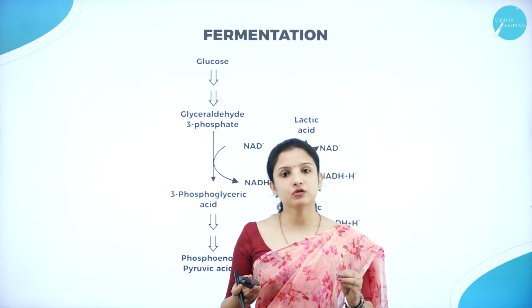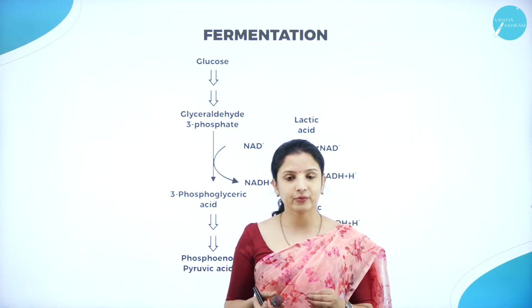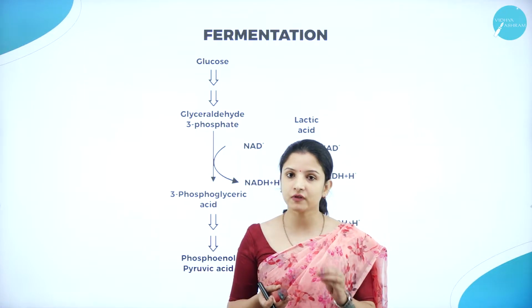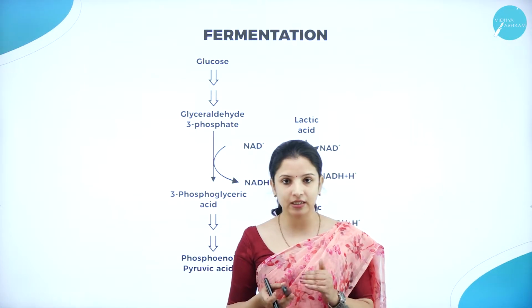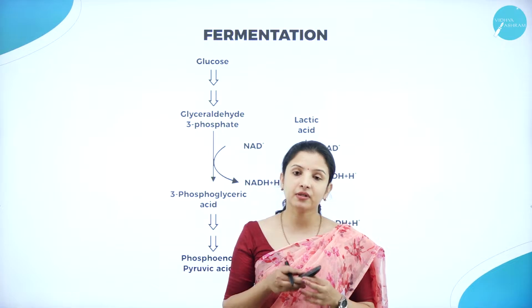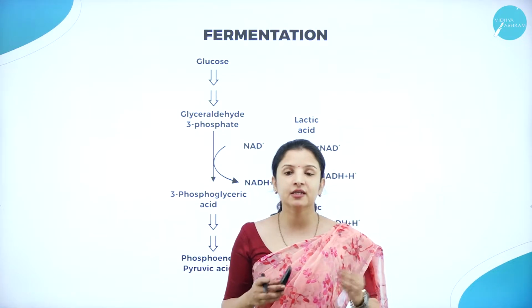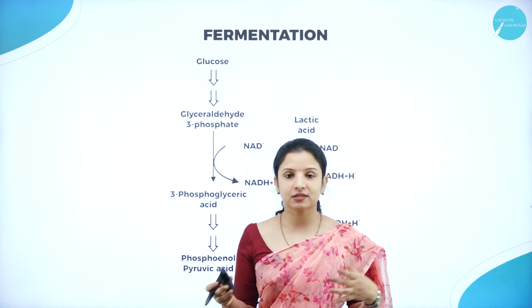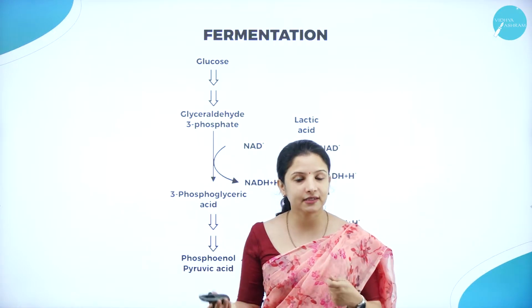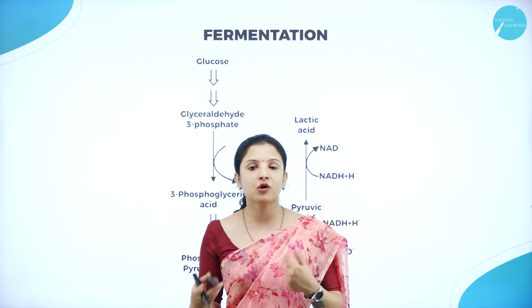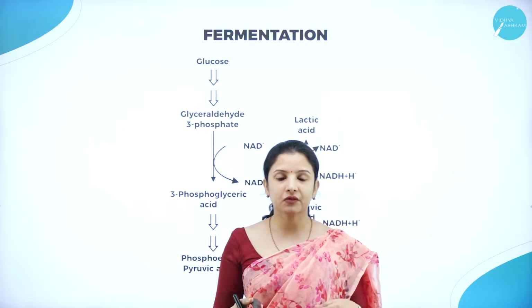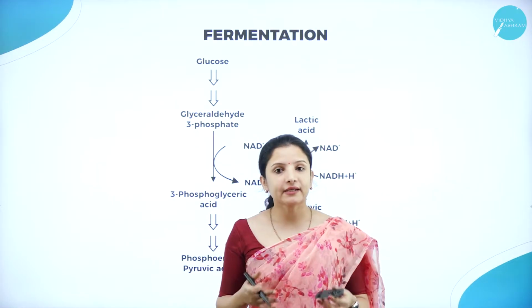And if glucose has to be converted into pyruvic acid, then partial oxidation will take place, that is, oxygen molecules get involved. So what might happen if the availability of oxygen is very, very low while doing aerobic exercises, or working out in the gym, or doing any physical activities such as running or any sport?